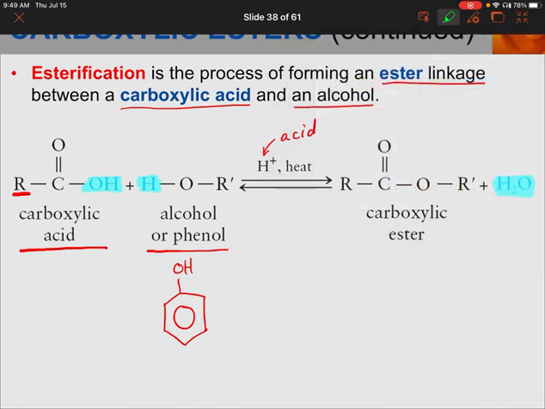Then what's left over, so let's see, from our carboxylic acid, we have our carbonyl group attached to the alkyl group that's left. From our alcohol, we have that OR group. So those are going to team up together to create our ester.